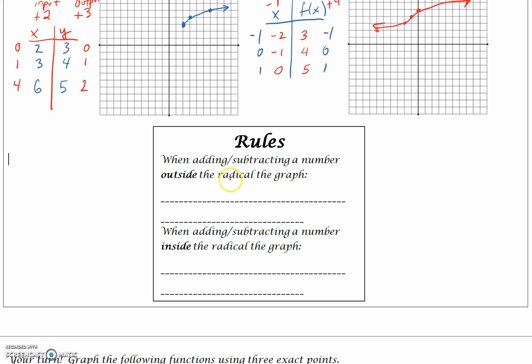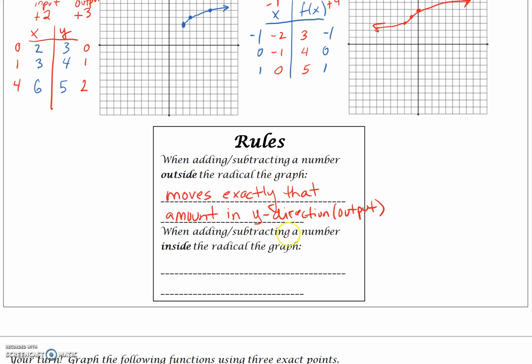When we're adding or subtracting a number outside the radical, the graph moves exactly that amount in the y direction, because it affects the output. The outputs are always the y's.